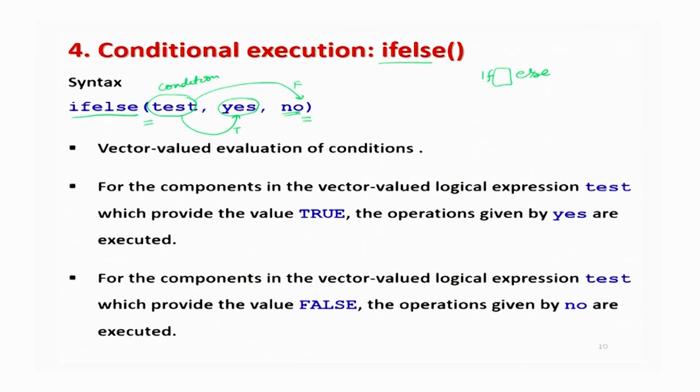So, this is actually useful when we are trying to make vector valued evaluations of conditions. In the earlier conditions, I had always told you that they are useful when you are dealing with a scalar value, but in this case you can handle the vector value.